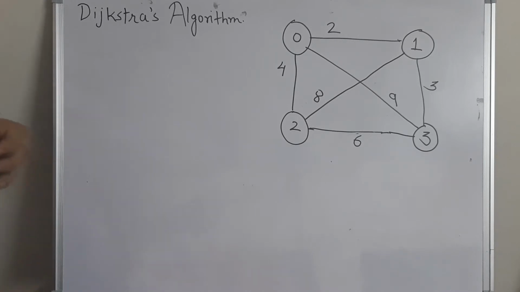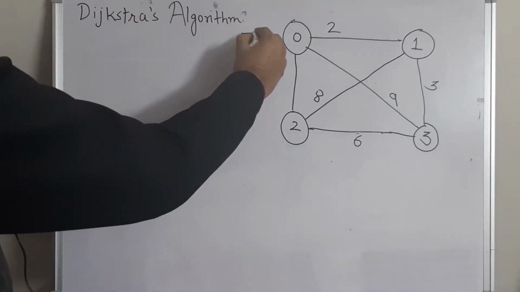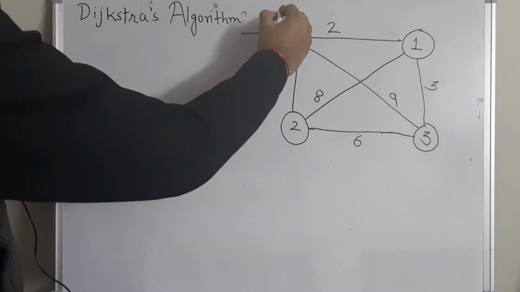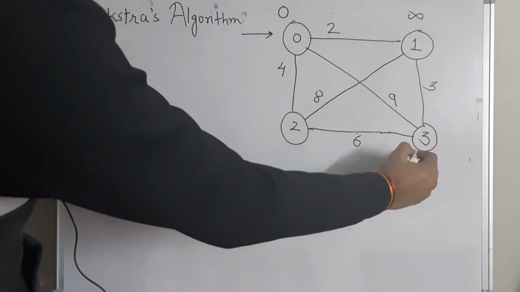It is similar to Prim's algorithm. Firstly, we will initialize the weight of the source vertex. We will take 0 as the source vertex and initialize its weight by 0, and all the others will have a weight of infinity.